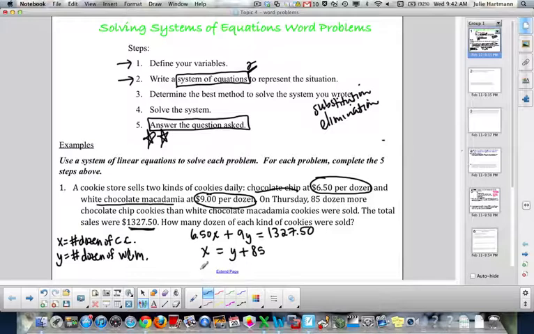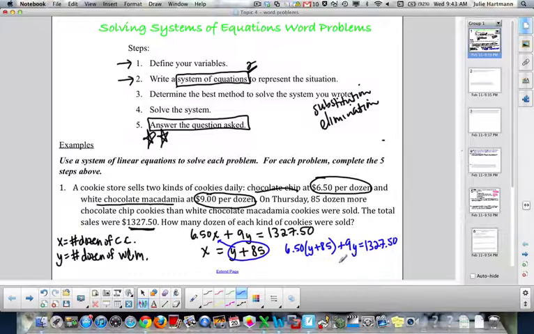Solve the system. Determine which method is best. Well, we have x equals, so that means substitution is going to be best, and then we solve. So I'm going to substitute y plus 85, since x equals that, so that goes in for x. To solve that, 6.50 times y plus 85, plus 9y equals 1327.50.